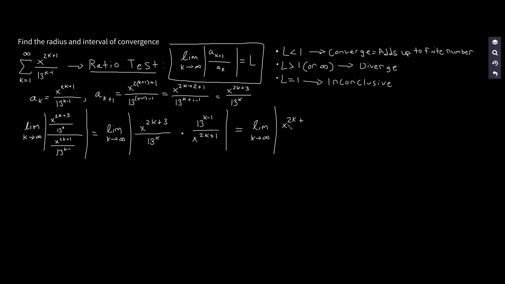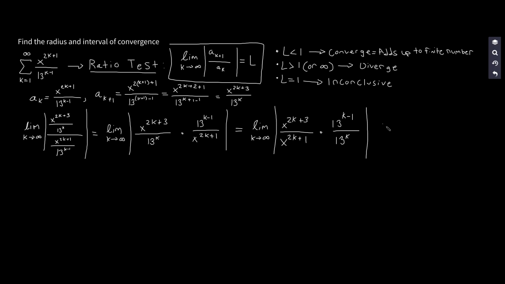So we have x raised to the power of 2 times k plus 3 in the numerator, and then in the denominator we'll have x raised to the power of 2 times k plus 1, and then this will be multiplied to 13 raised to the power of k minus 1 over 13 raised to the power of k.